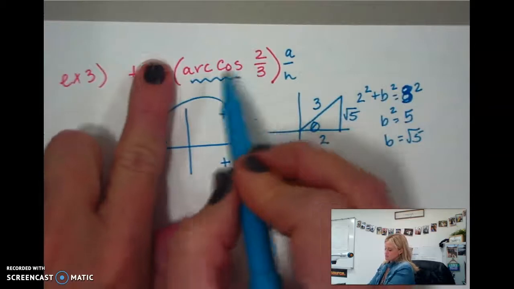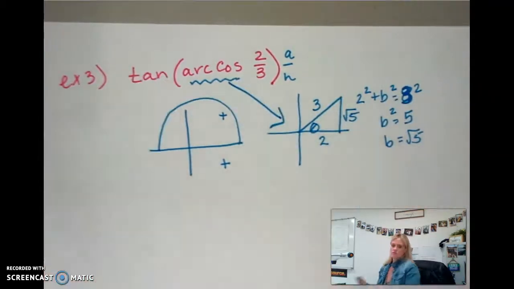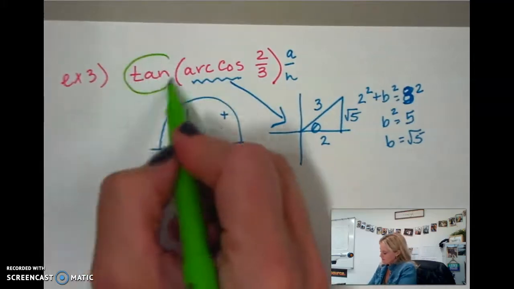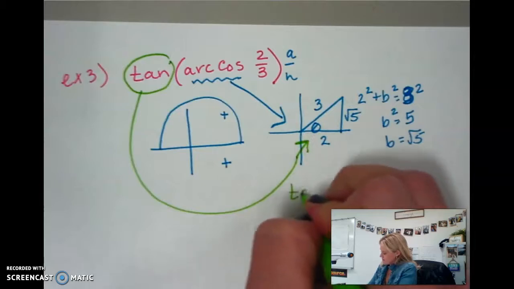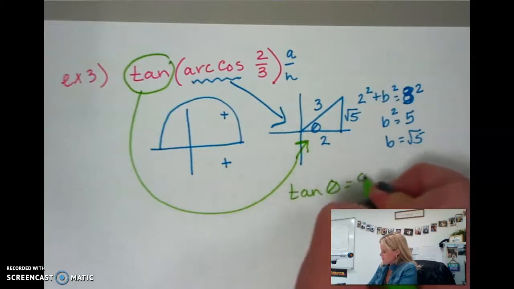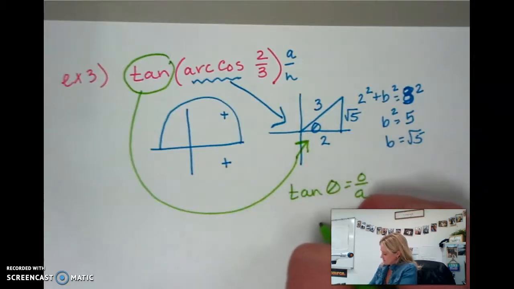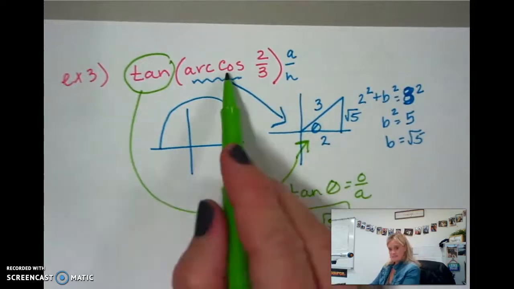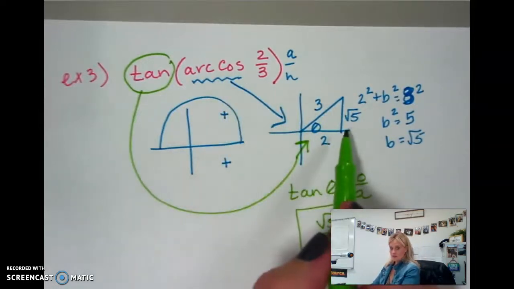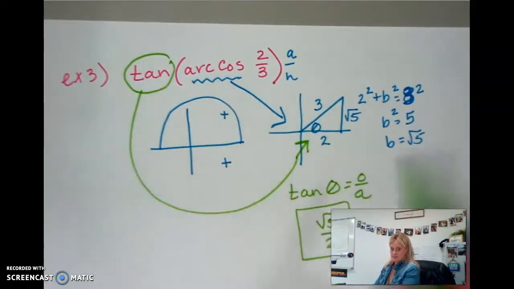So I used this information to draw my triangle. Now I'm going to answer what they asked me. Find the tangent of this triangle. Tangent of theta is TOA, and that is opposite over adjacent. Done. So we're using the inside to create our triangle and then finding the answer.